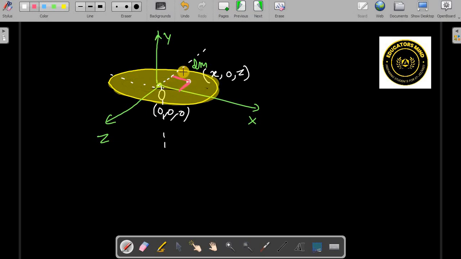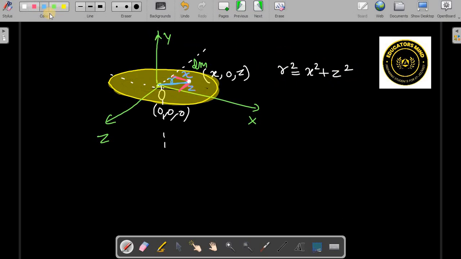So this distance is nothing but x, this distance is nothing but z, isn't it? This distance is z, this distance is x, and this distance from the center origin, that is the distance which you can write as r, which is the position vector of that point. Obviously r square is equal to x square plus z square.